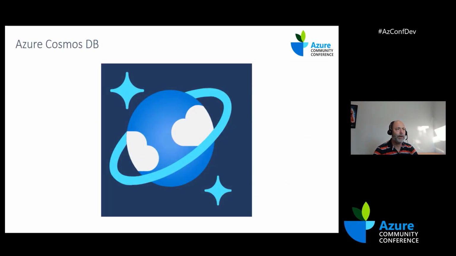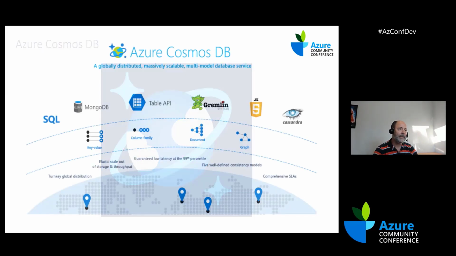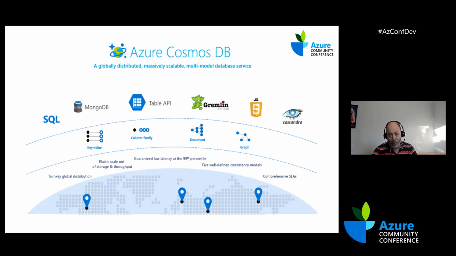If we move forward, we go to Azure Cosmos DB. This is a globally distributed, extremely massive, scalable, multimodel database service, right? This is, for example, what Microsoft used as the backend of the Azure portal. It is extremely easy to distribute around the world using the different, let's say, regions that Azure has. Right?